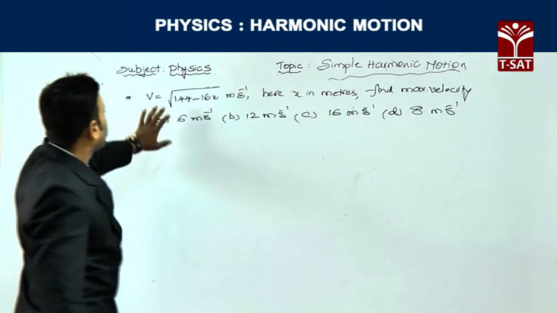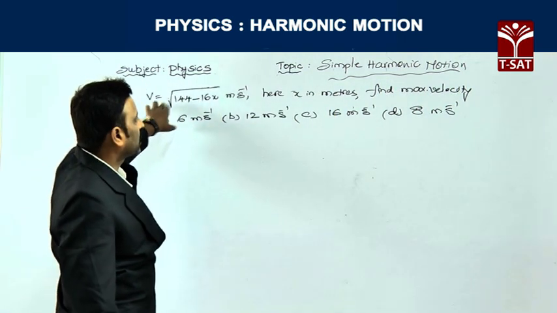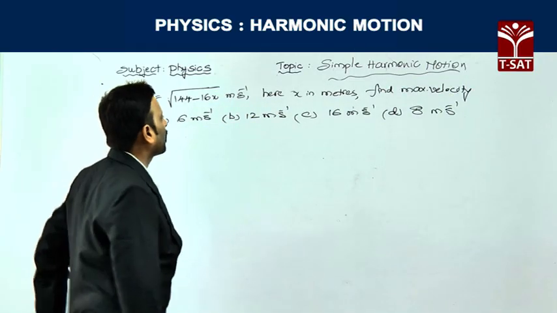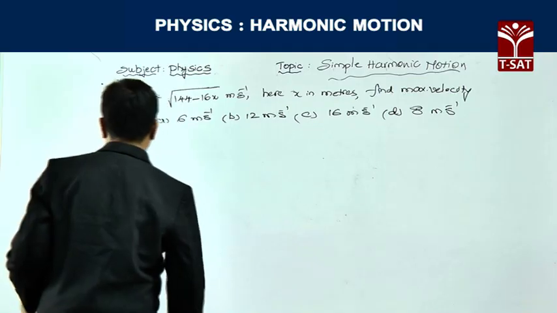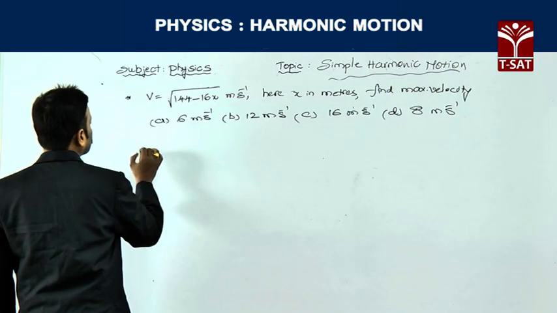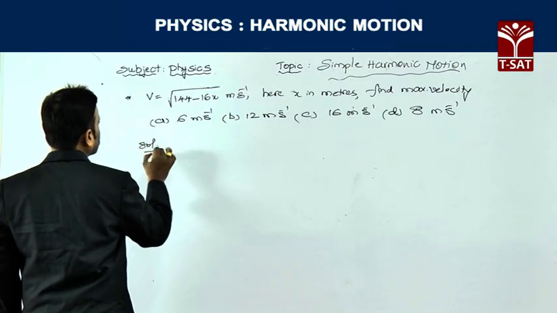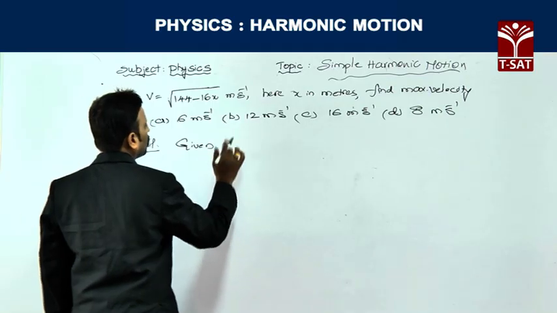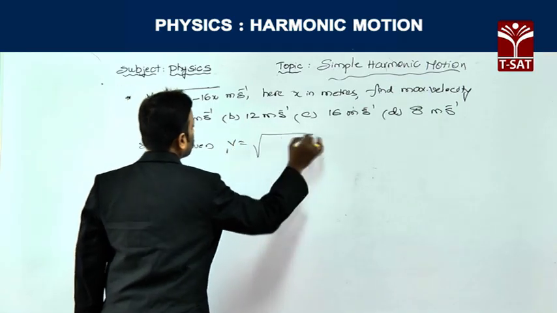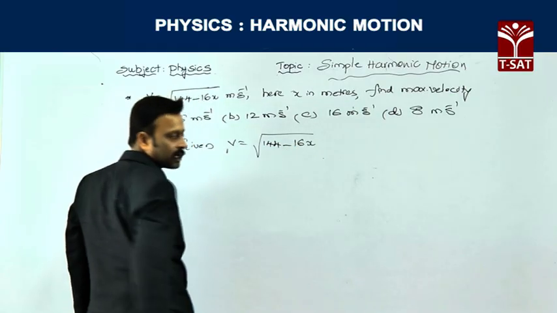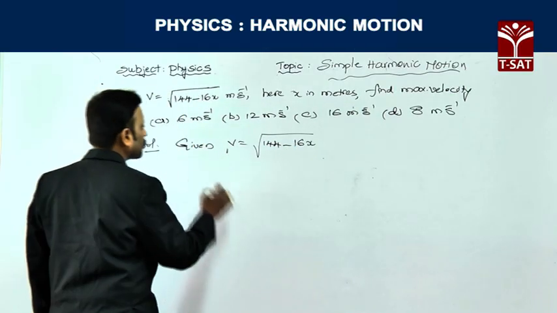We are asked to calculate maximum velocity. Now, what is the general form of velocity of a particle executing simple harmonic motion? First, see here, given velocity as 144 minus 16x, that is the given equation.